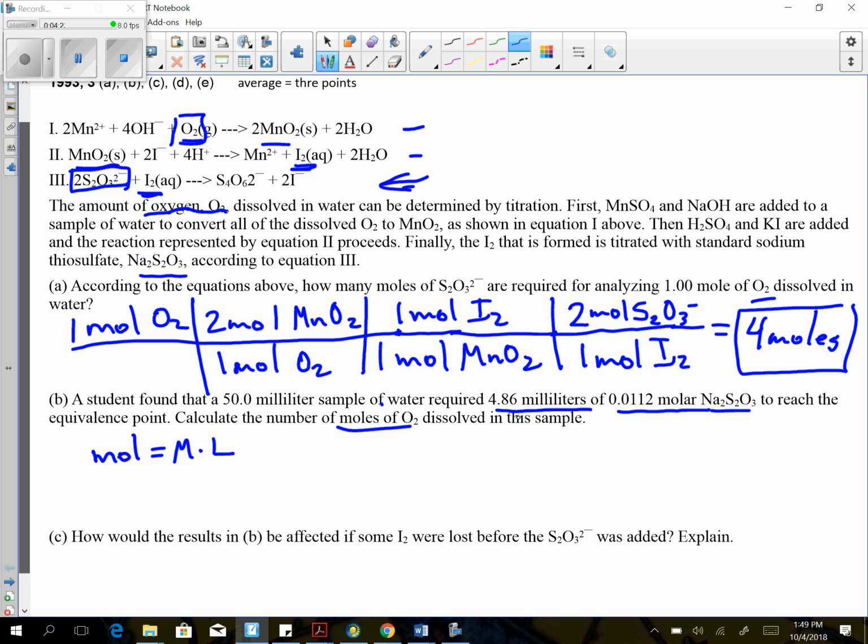So if we want to know the number of moles, we multiply the molarity times the number of liters.